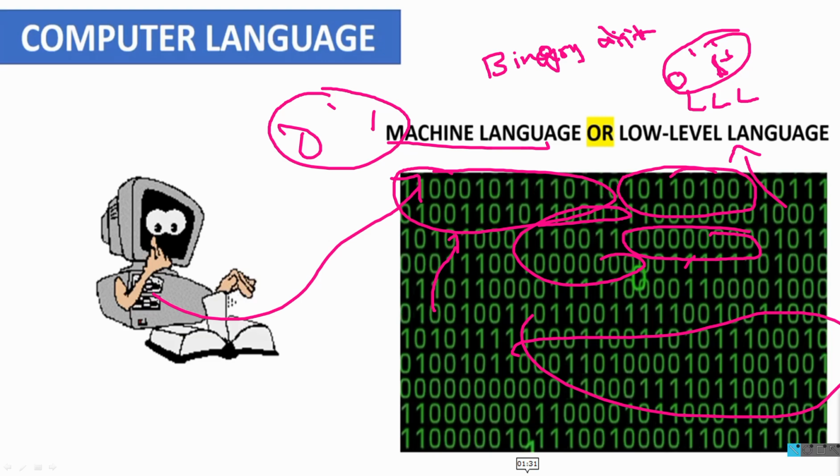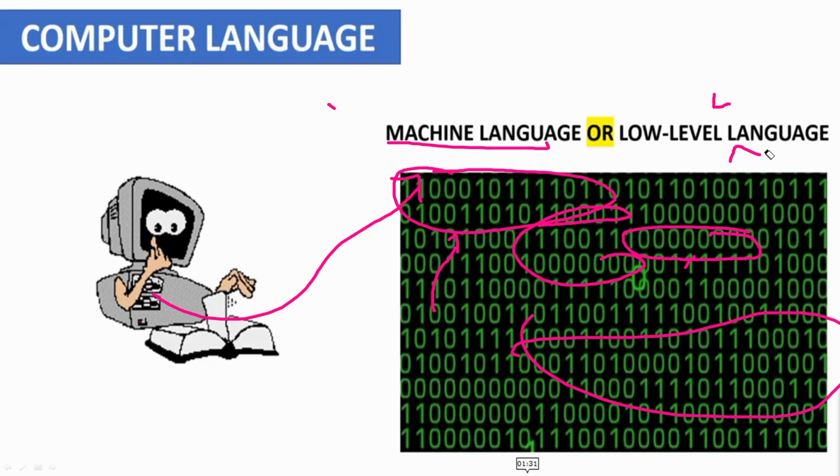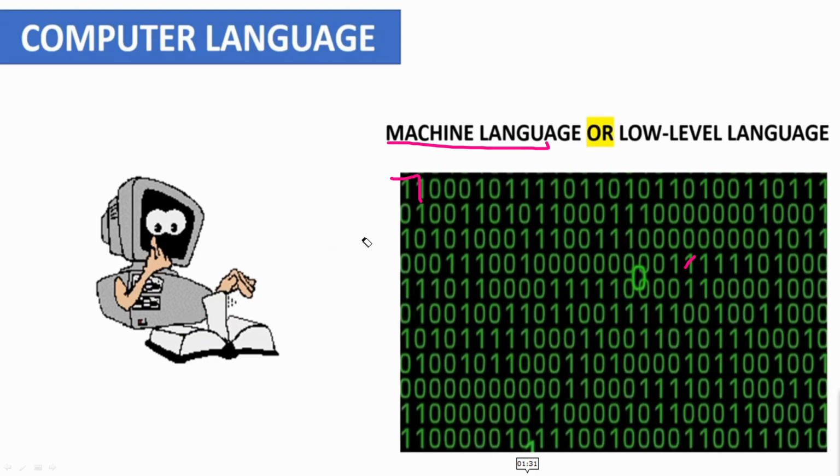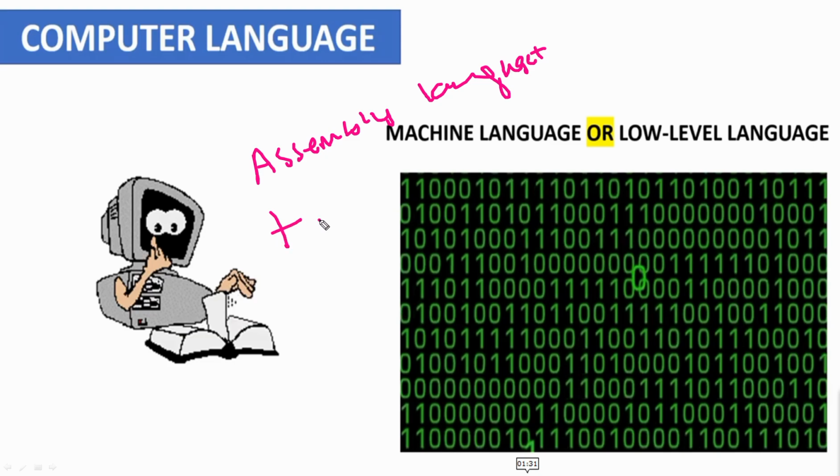Then the second one is assembly language, also called assembly level language. In machine language we have seen only zeros and ones to give instructions to the computers. But in assembly language, instead of zeros and ones, they use mnemonic codes and also mathematical operators like plus, minus, multiplication, division, greater than, equals, lesser than.